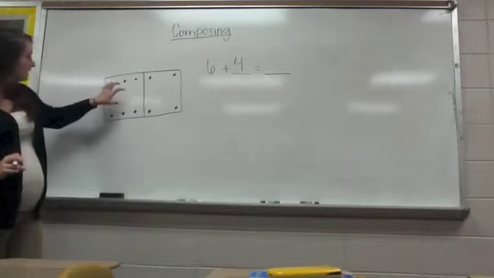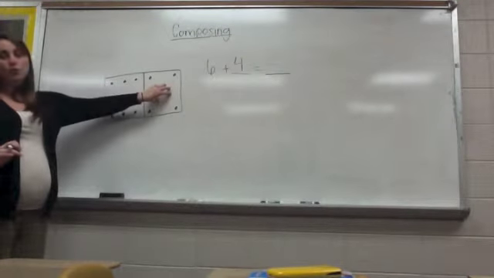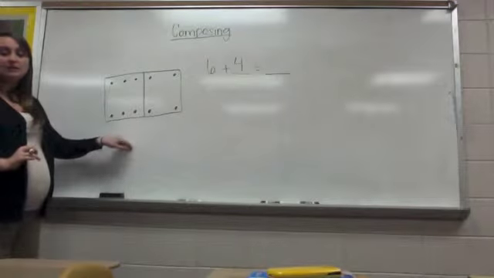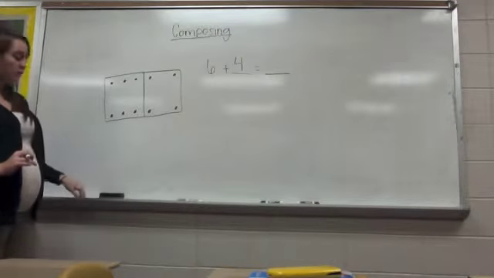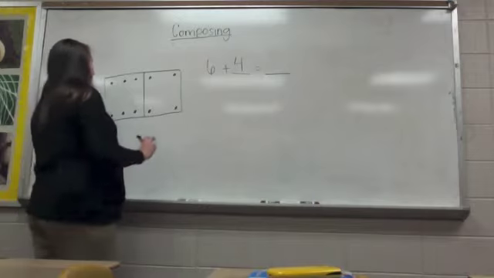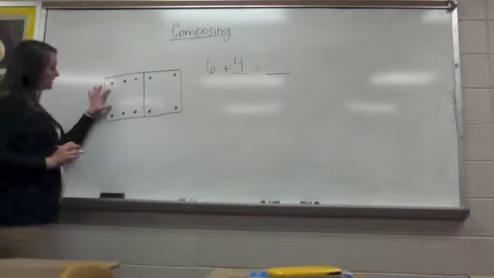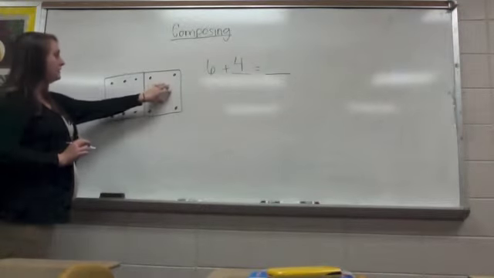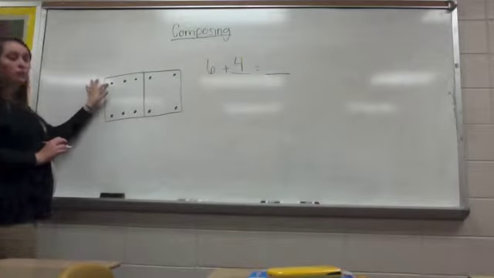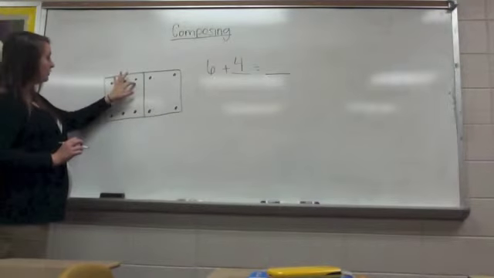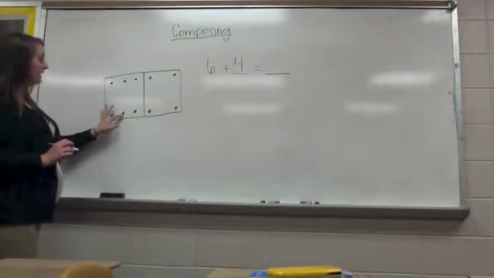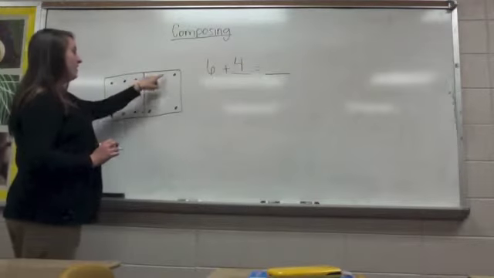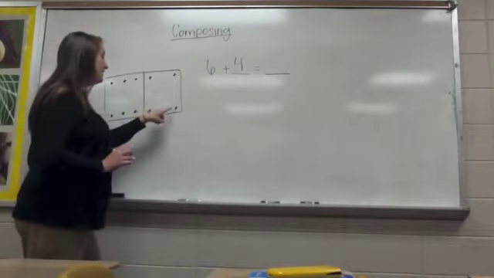Alright, so if we take 6 and 4, we are composing them together, which means adding. So we have 6 dots on this side. We have 4 over here. So let's count. 1, 2, 3, 4, 5, 6, 7, 8, 9, 10.